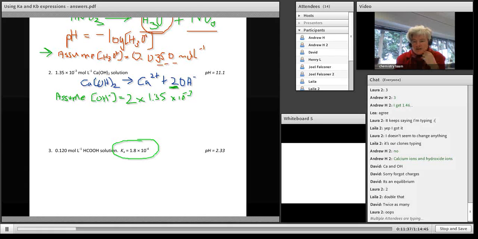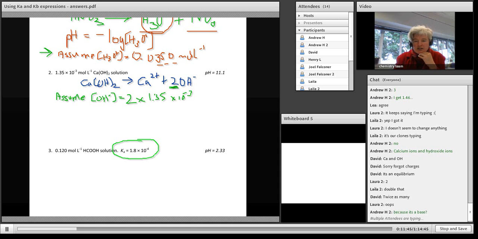So some of you are typing. Okay, and yep, because it's a base, we don't know the hydronium ions straight off. We can work it out using KW, but it's just much easier working with hydroxide and at the end converting.